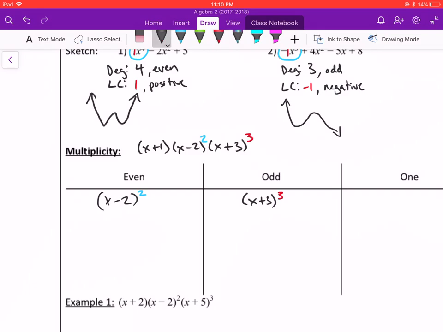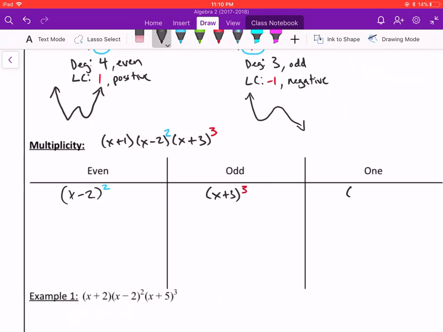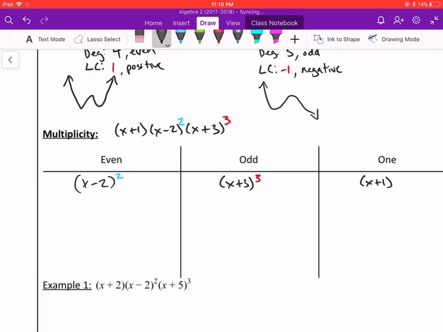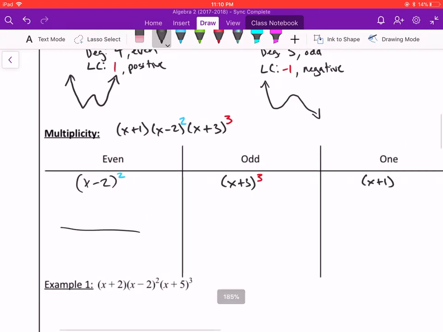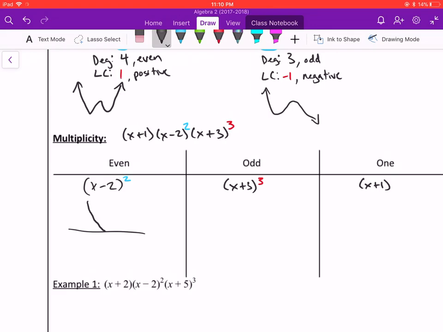The only other special case is if there's a 1, meaning there's no multiplicity at all. I know technically 1 is odd, but think of it as having no multiplicity. This means when you graph that zero, if it's even, it's going to go down to that zero.